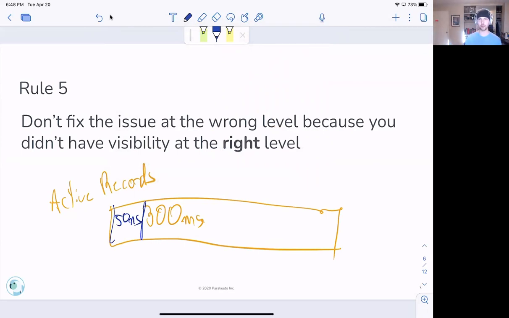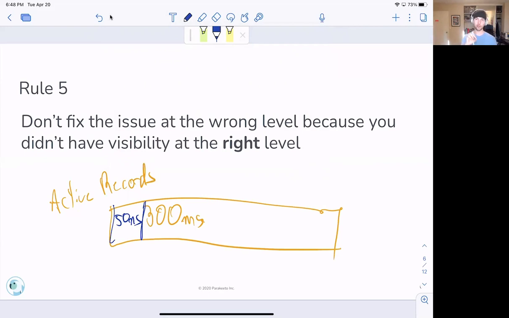But in active record, there were other things going on. In this case, what was actually happening is that there weren't enough connections in the connection pool. So active record had to wait for a connection to become available. And that's what that 250 milliseconds was. So if you look at this active record metric, and you don't have visibility deeper down, and you assume, oh, my queries are slow, you could spend a ton of effort and energy trying to make your queries faster and see no improvement in your request times.